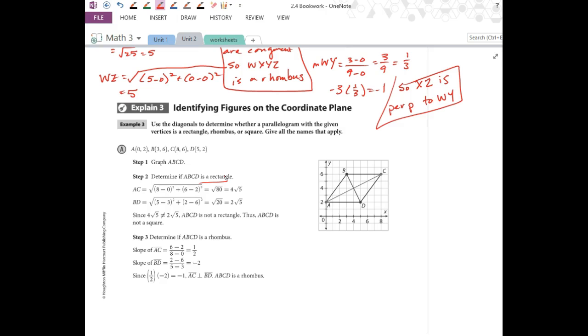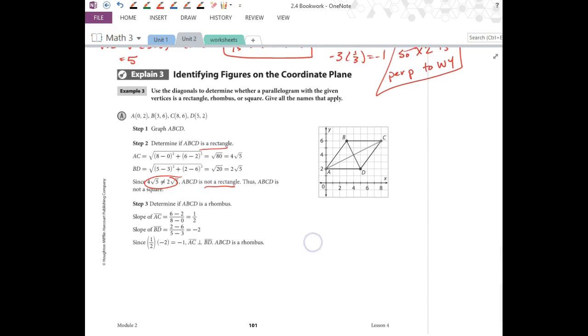So they're using the lengths of the diagonals and proving that since they are not the same, then it is not a rectangle. Do you see that? They're using diagonals to make that proof. Does that make sense? By definition, the diagonals of a rectangle would have to be the same.